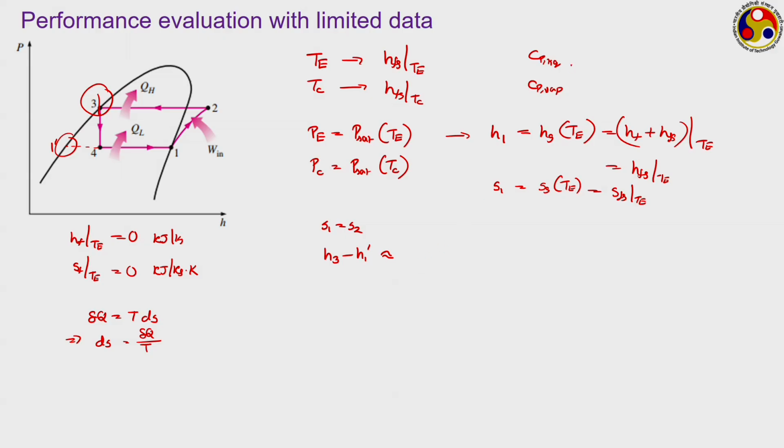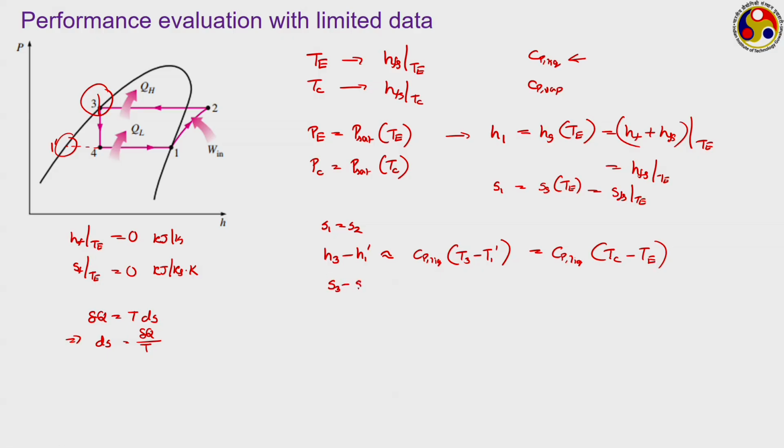If the specific heat for the liquid phase remains constant, this can be approximated as Cp for the liquid into T3 minus T1 prime, that is Cp for the liquid into Tc minus Te. We are assuming the specific heat to be constant and the liquid phase to be incompressible. Then we can easily do this.